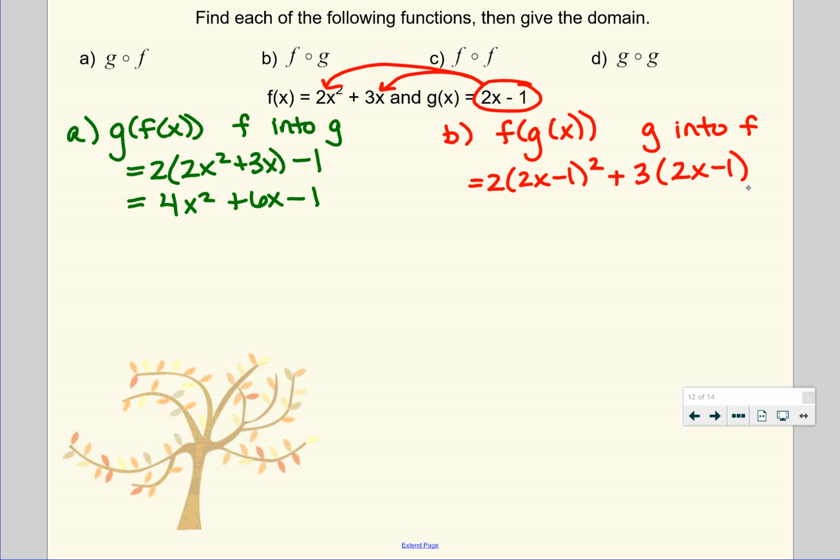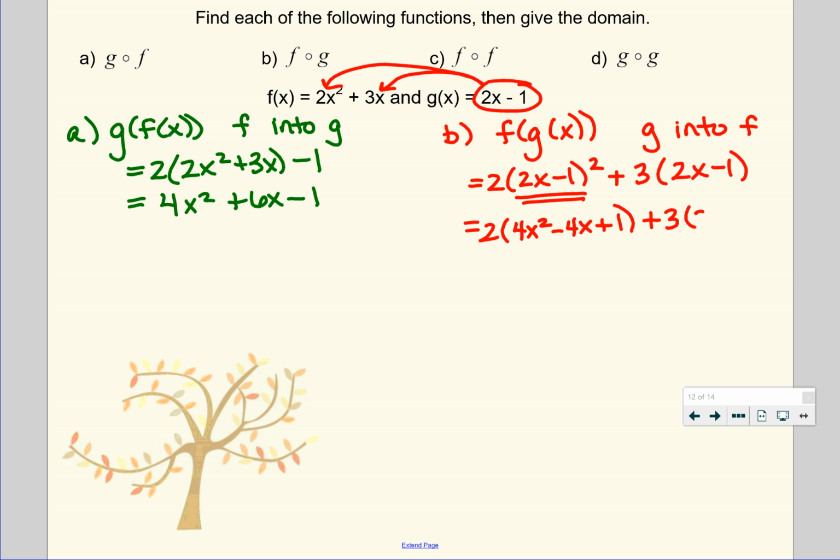Now I just need to simplify my answer. Remember, if you have foiling and distributing, you always FOIL first. So we're going to FOIL out 2x minus 1 squared. Hopefully you can do that in your head. First terms are going to give me what? 4x squared. Outside terms will be a negative 2x. Inside terms will also be a negative 2x, negative 4x. And then my last terms, positive 1.